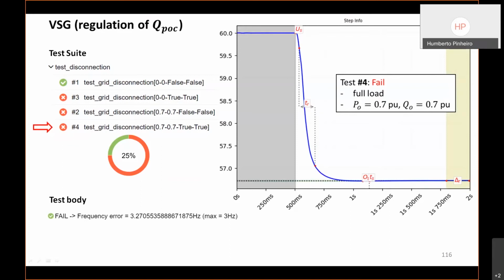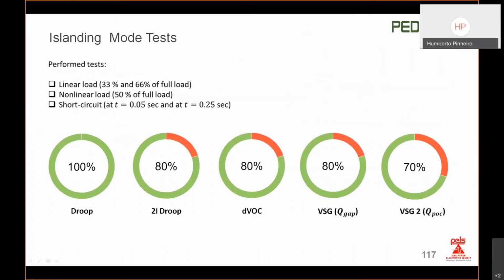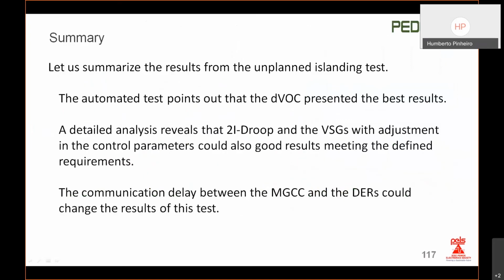So yeah, it got bad grades, I would say. But if you review it a little bit carefully, maybe you can retune the parameters and get better results.